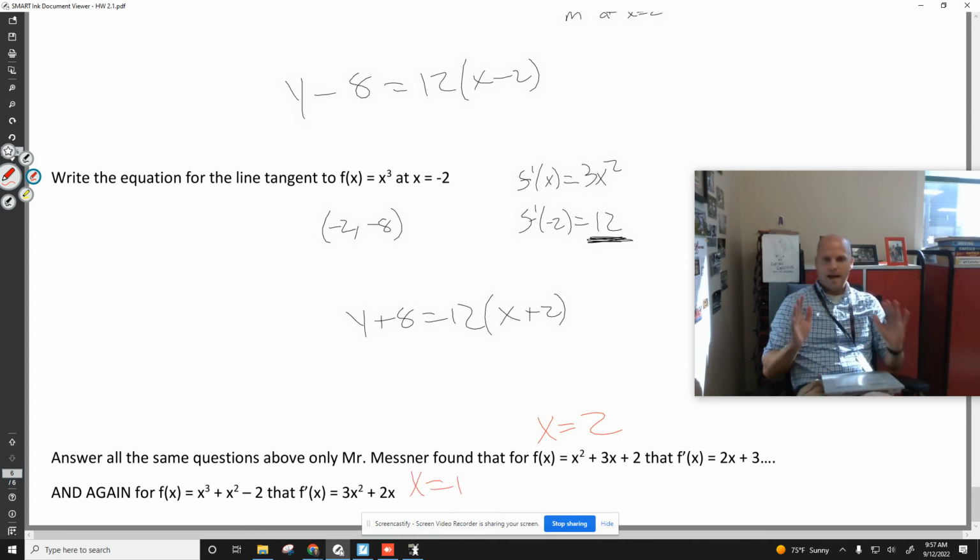Now again, we have different equations. This is no longer just x cubed. This is some sort of quadratic, a u. Its tangent slopes, and again, where did this come from? I did it for you. I plug this into our magical formula that combines limits and slopes. Boom, I got that equation.